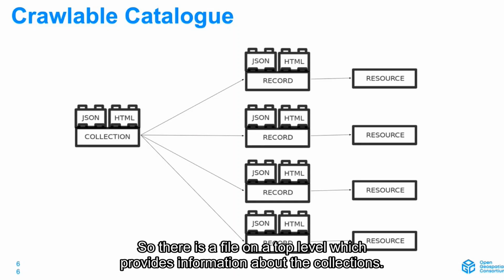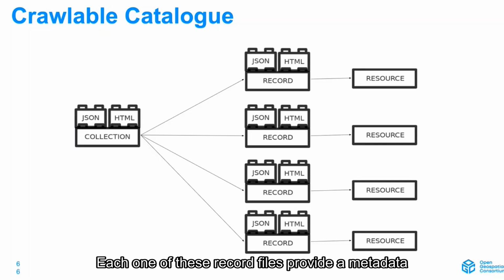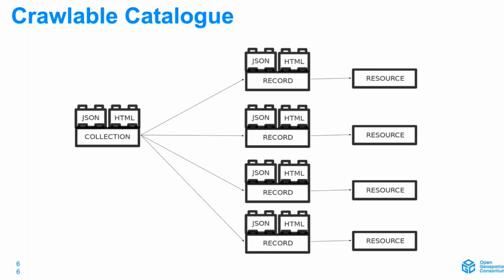There is a file at the top level which provides information about the collection, and it links to record files. Each one of these record files provides some metadata about each one of the resources that we want to expose.